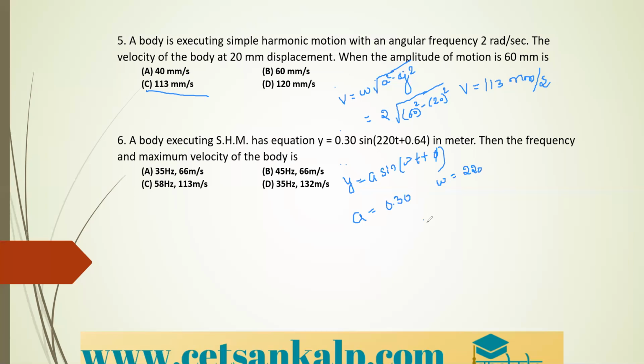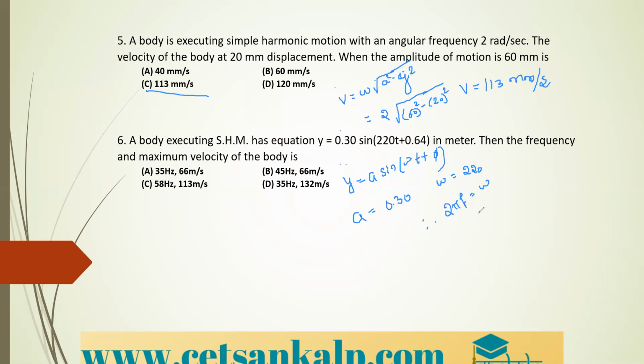Therefore, what is the relation between linear frequency and angular frequency? It is nothing but 2 pi f is equal to omega. In some textbooks, we take it as 2 pi n is equal to omega, so n or f, both mean frequency.